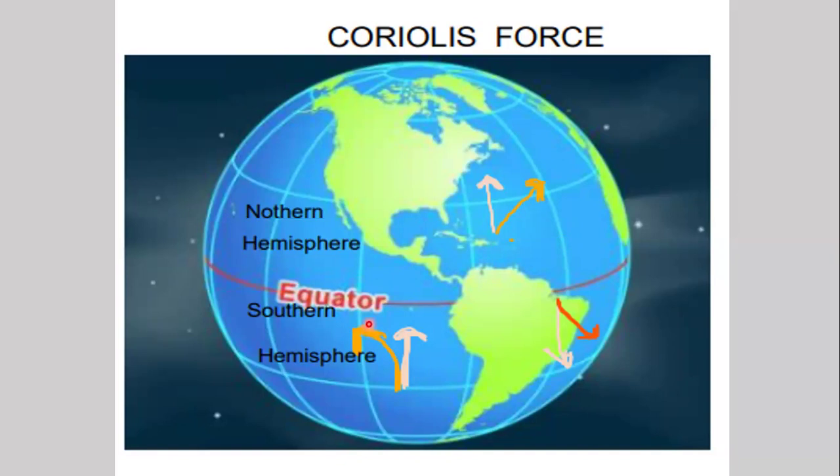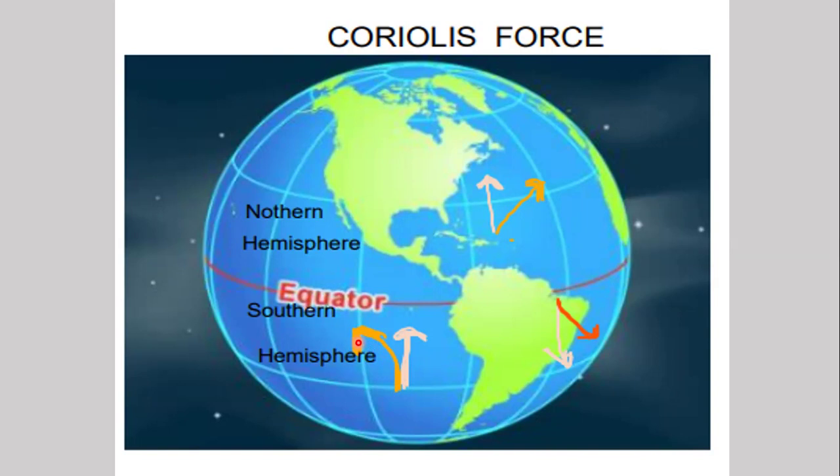So the winds blowing in the northern hemisphere, they blow anti-clockwise, and in the southern hemisphere, they blow in a clockwise direction. So a wind blowing from south to north in the northern hemisphere will get deflected towards its right and will be called as southeast wind, whereas a wind blowing from south to north in the southern hemisphere will get deflected towards its left.